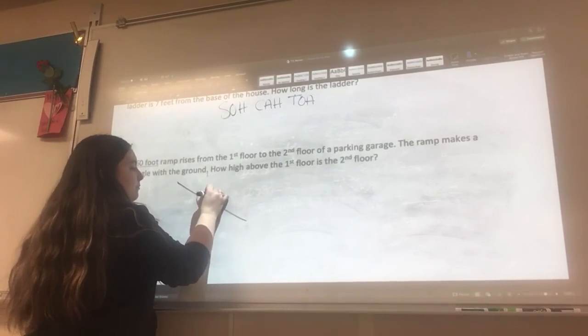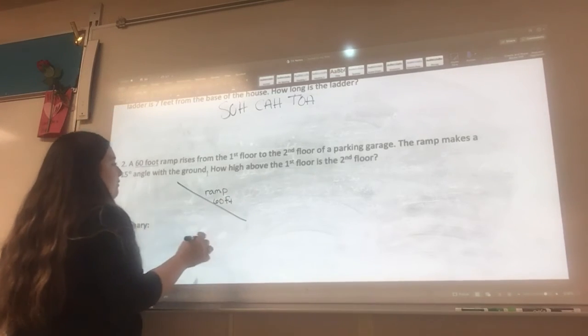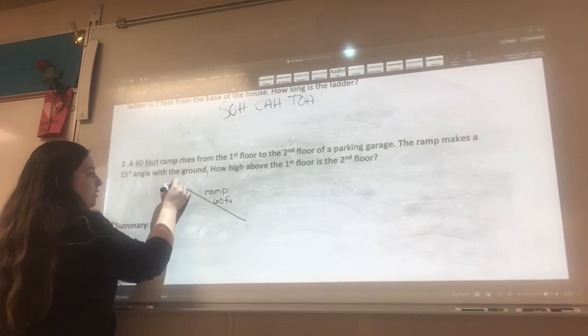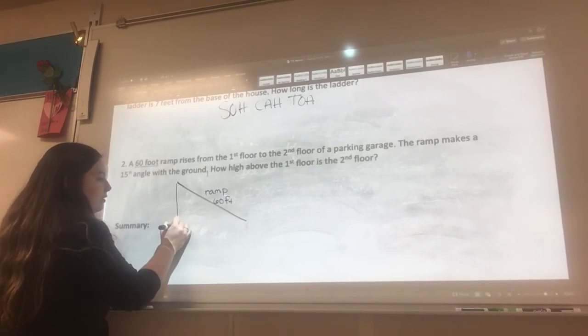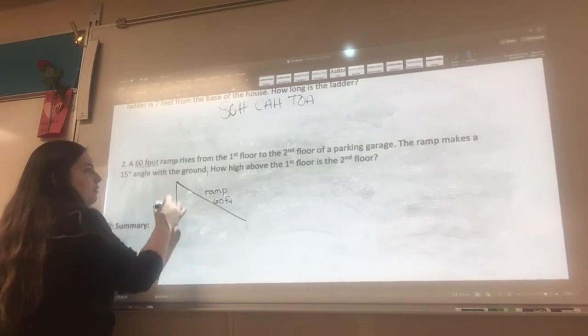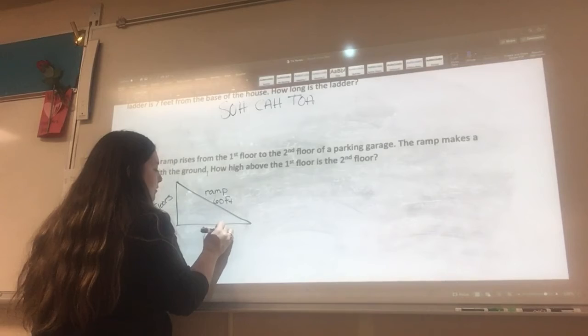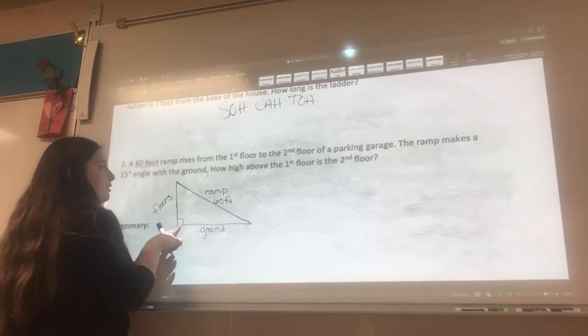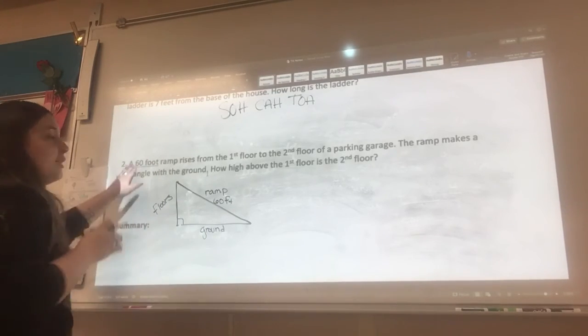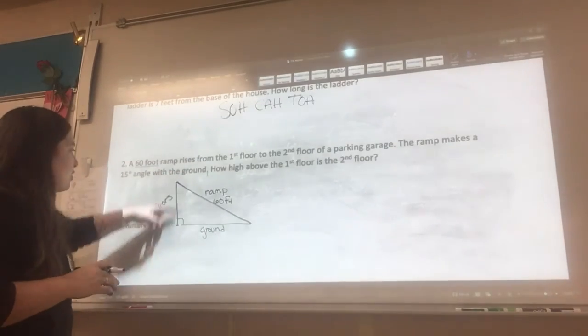This is our ramp, and it's 60 feet. That rises from the first floor to the second floor. So this is our floors. And this is probably more than likely our ground, which causes a 90-degree angle. I just read the first sentence. Ramp says it rises from first to second.